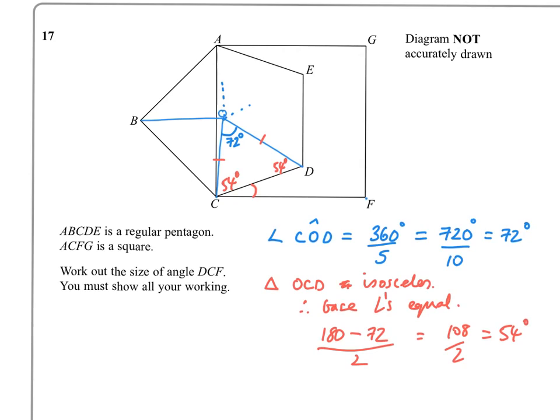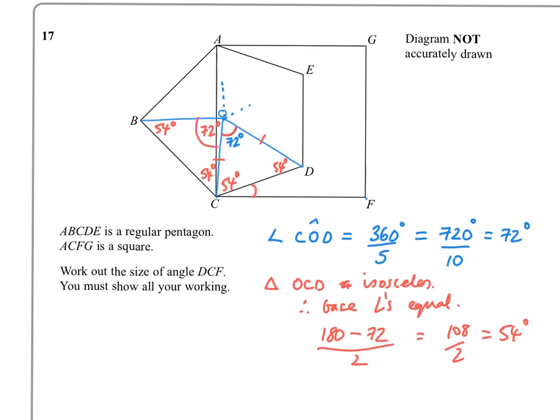And then if they're 54 here, then by symmetry, this angle here is 54, and this angle here is 54. So what I'm thinking is that if this centre angle here is 72, then this centre angle here is 72.